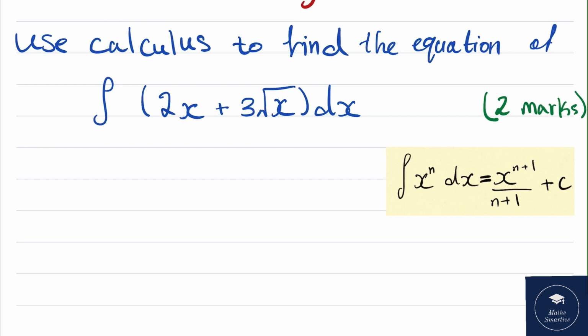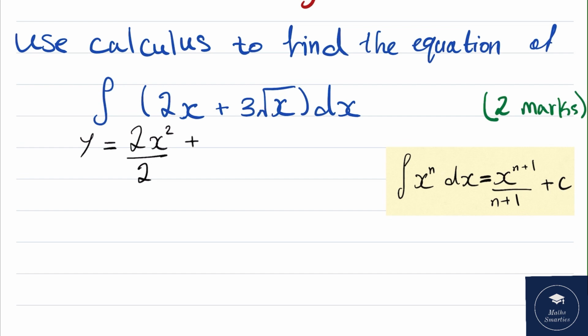Now, the rule is, I said, we add 1 and then we divide by the new power. 2x becomes 2x squared divided by 2. 2 is the new power, and this is in terms of y. Y equals 2x squared divided by 2 plus, now the square root, 3 square root x.